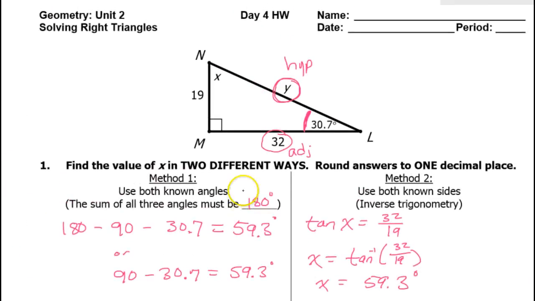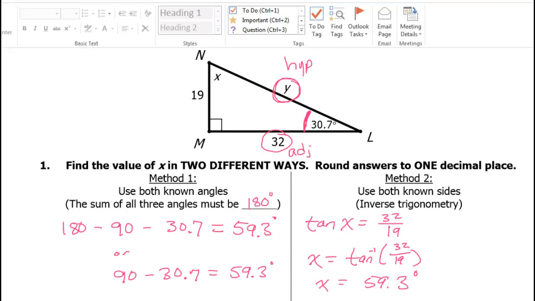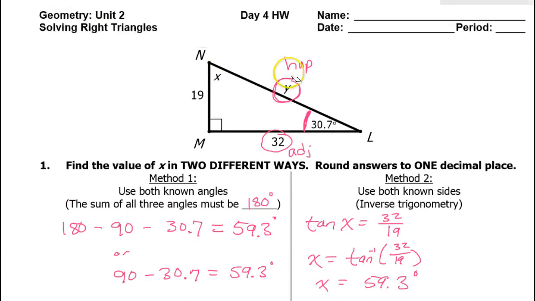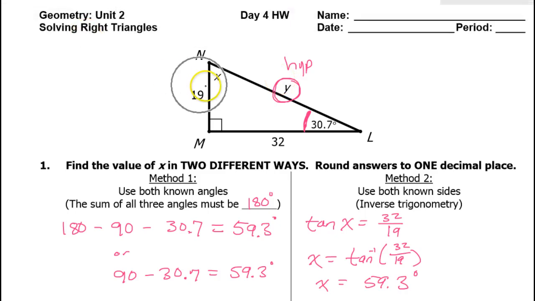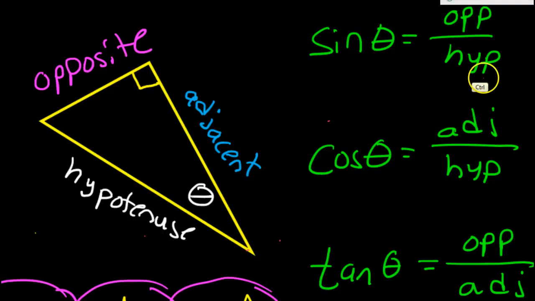All right, notice that I could just as easily have picked the other side. So instead of using the 32, if I wanted to, I could have picked the 19, which is the opposite leg. In that case, since I have opposite and hypotenuse, that would be the sine function.